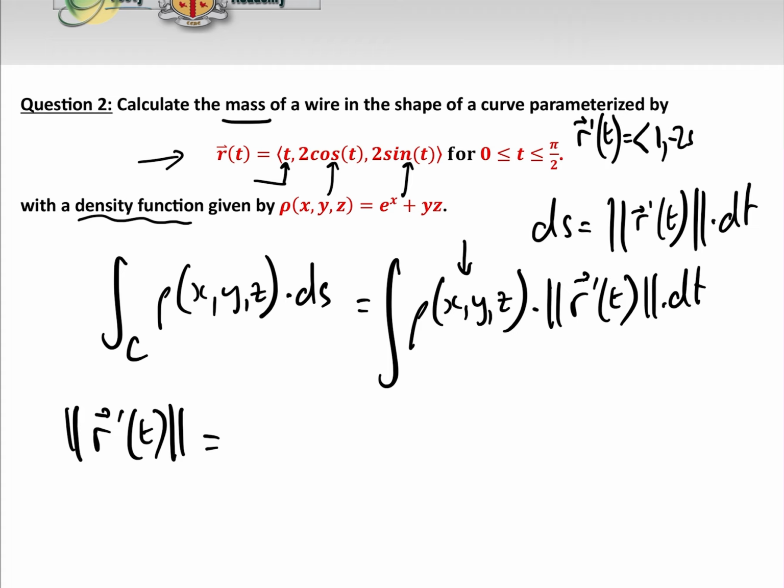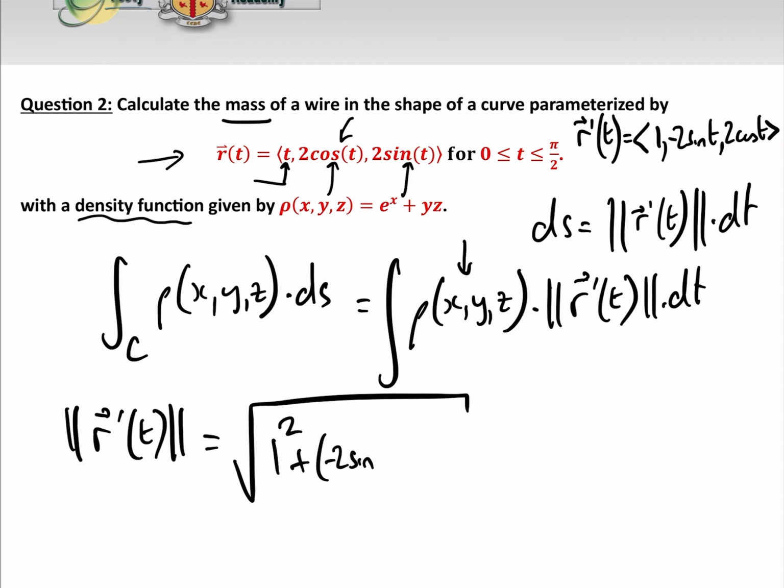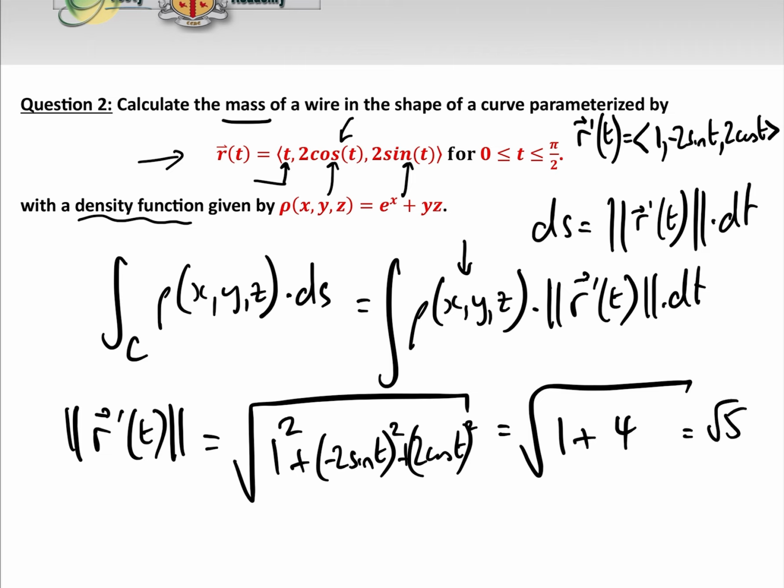That'll be 1, minus 2 sine t, 2 cos t, just differentiating these, and therefore the magnitude of r dash t is going to be the square root of 1 squared add minus 2 sine t squared add 2 cos t squared, which equals the square root of 1 add 4, which equals root 5.